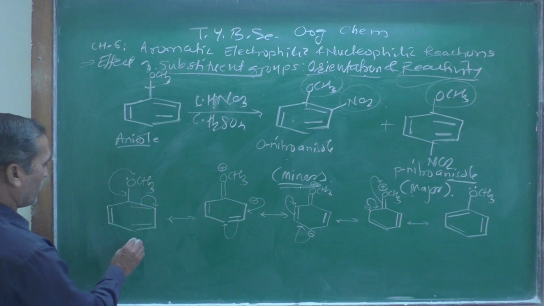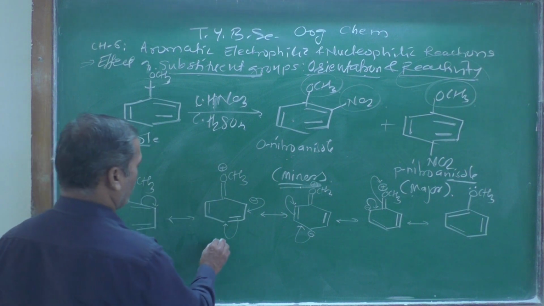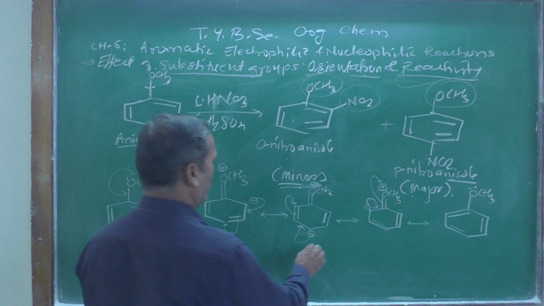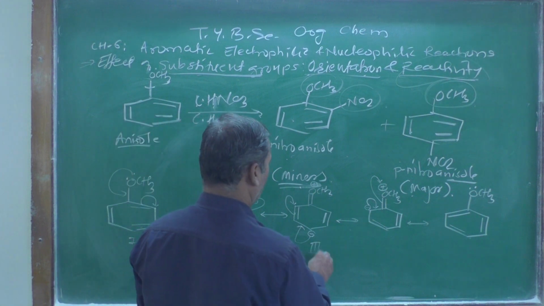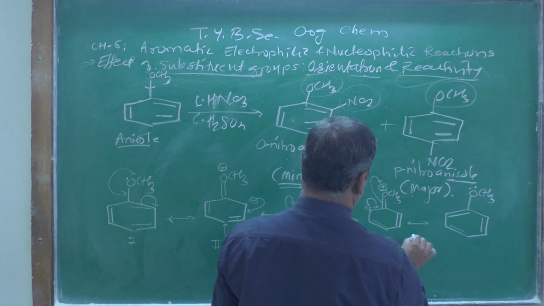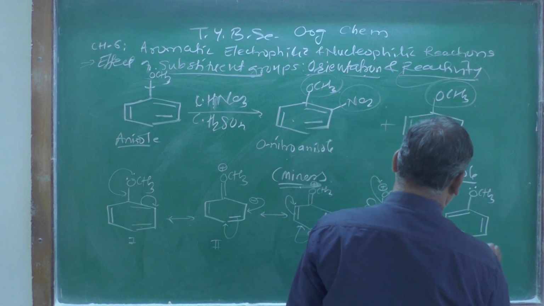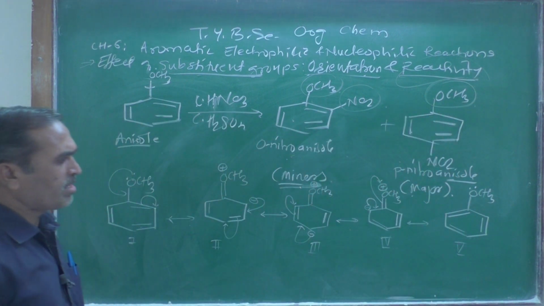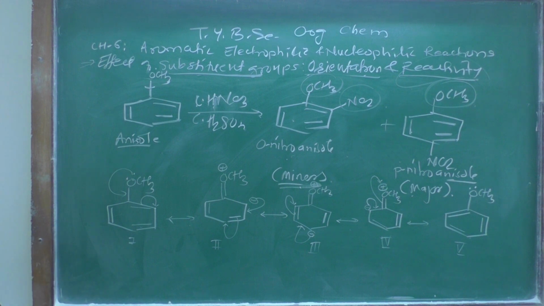Now look at here, this is structure number first, this will be structure number second, this will be structure number third, this will be structure number 4, and this will be structure number 5. There are 5 structures.